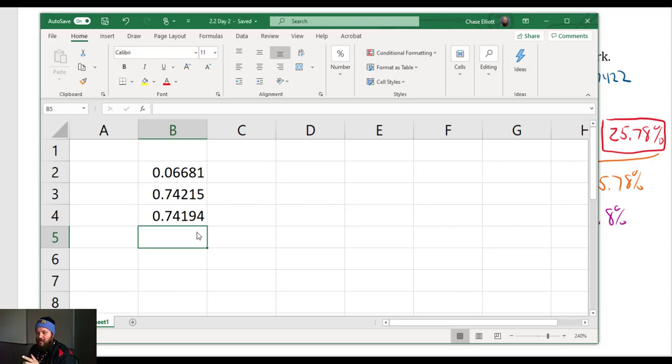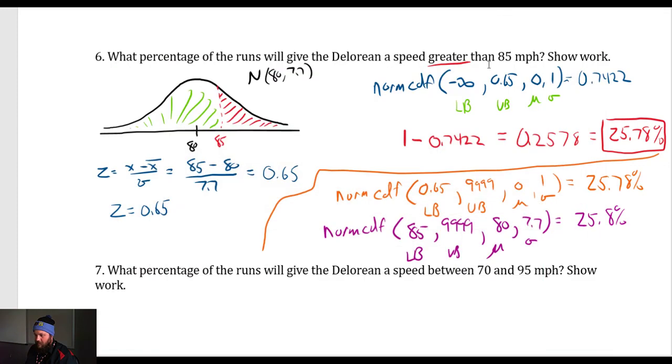So with this in the spreadsheet, it's going to give you from 85 to negative infinity. You couldn't adjust it to where your upper and lower bound were. Again, you can still use the actual numbers, but you have to remember to subtract that from 1 if you're getting greater than that value. Hopefully that makes sense. Again, that just gave you the green shading value here, even if you use the real numbers.